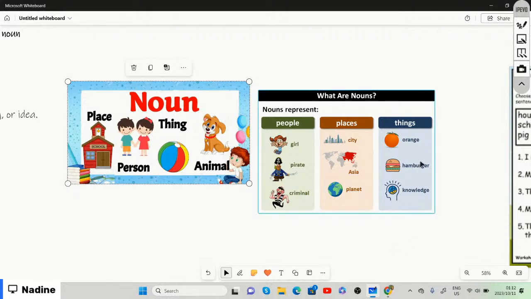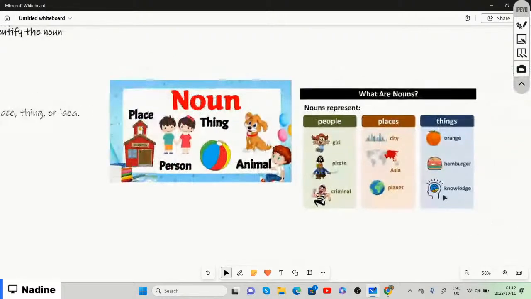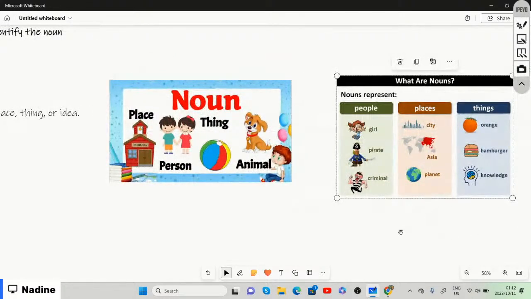Things can be objects, and in this case they also put animals under the category of things. That is basically nouns: it names a person, a place, a thing, and an idea.